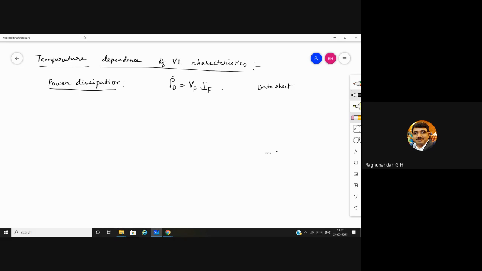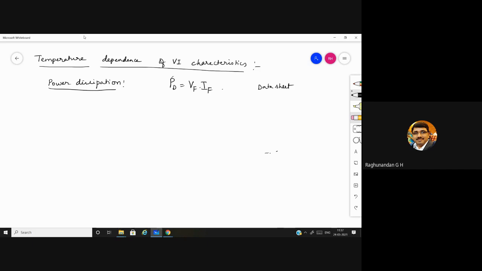Based on that document, the users can manage the component's working. In that data sheet, everything will be given: the maximum voltage and current it can withstand, the maximum temperature it can withstand, the drop in voltage or cut-in voltage it has, and the forward resistance it is going to offer. All these things will be given.